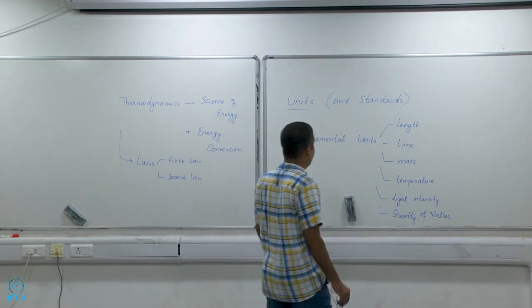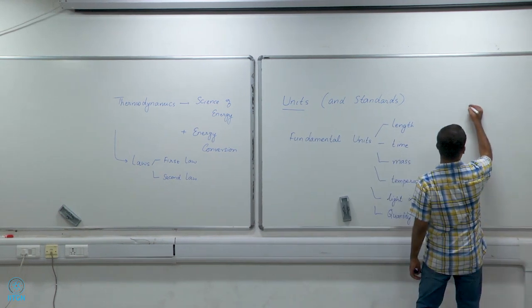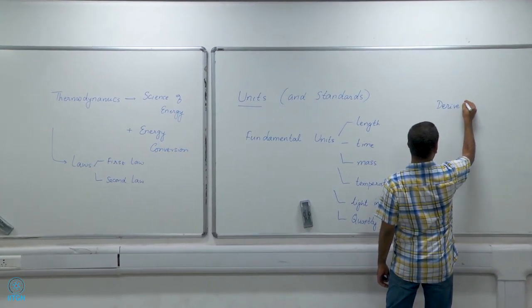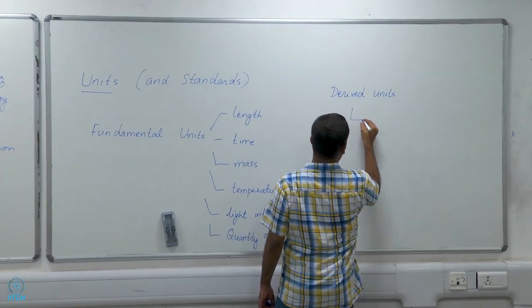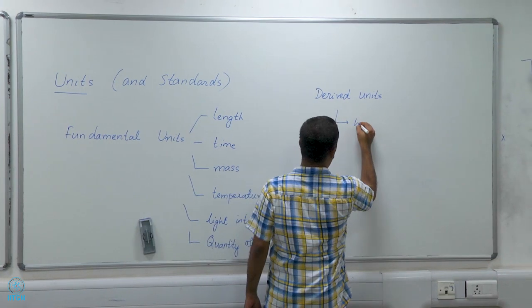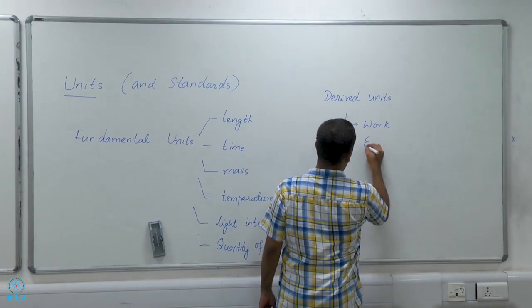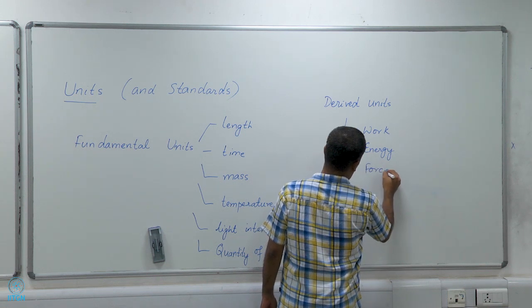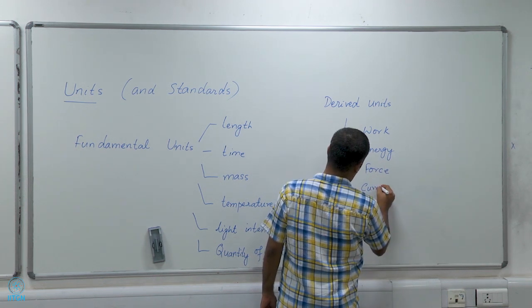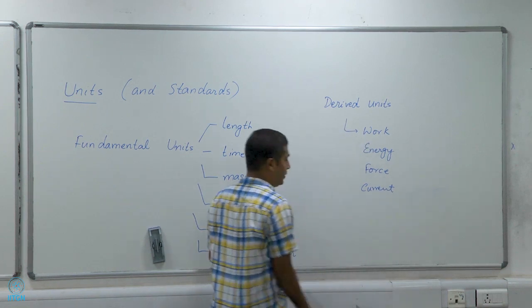So, what are some of the derived units? Examples: work, energy, force, current, what else?